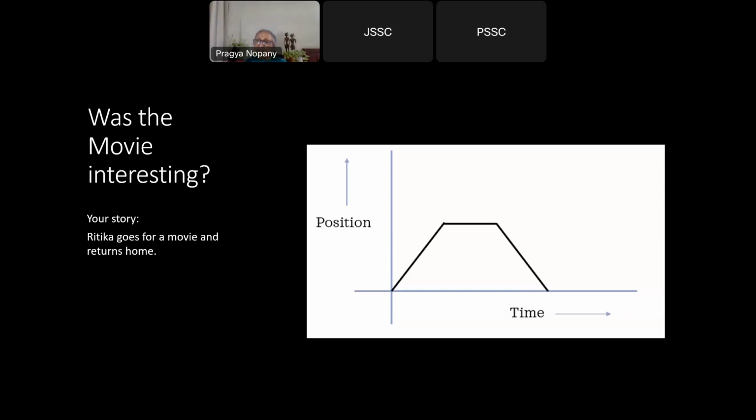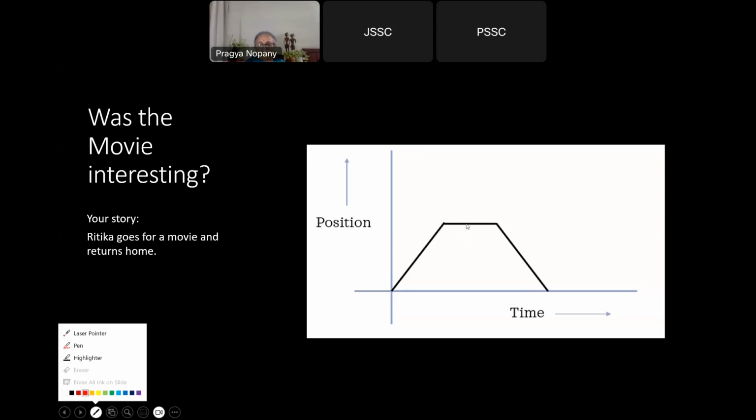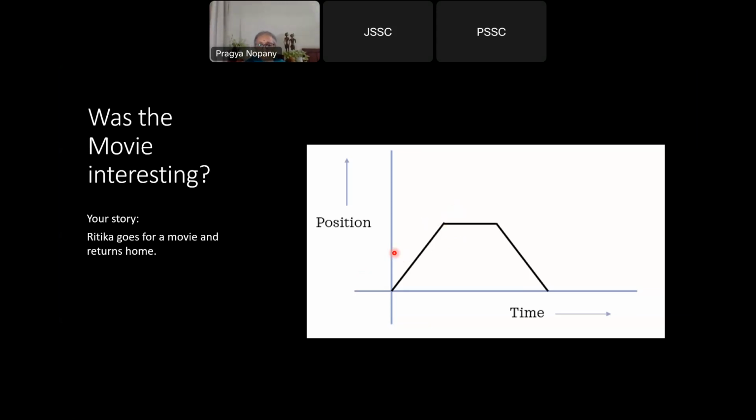So somebody is saying yes by taking time. Yes, definitely. If somebody were to tell you how much time was taken in going from home to the cinema hall and then from cinema hall to home, if that time is equal to, let's say, 3 hours, right? Or if the movie is of 1.5 hour, and if this time is 1.5 hour, that means the lady Ritika has spent that much time in the cinema hall.